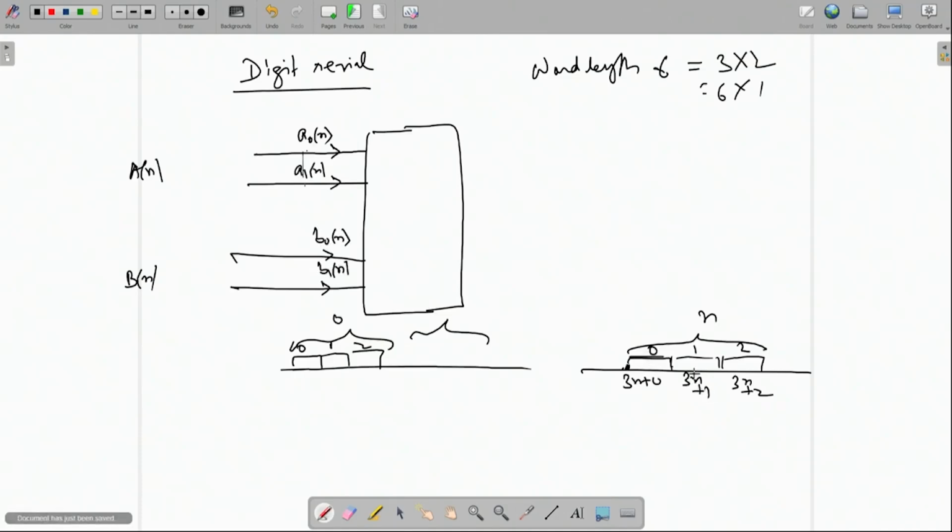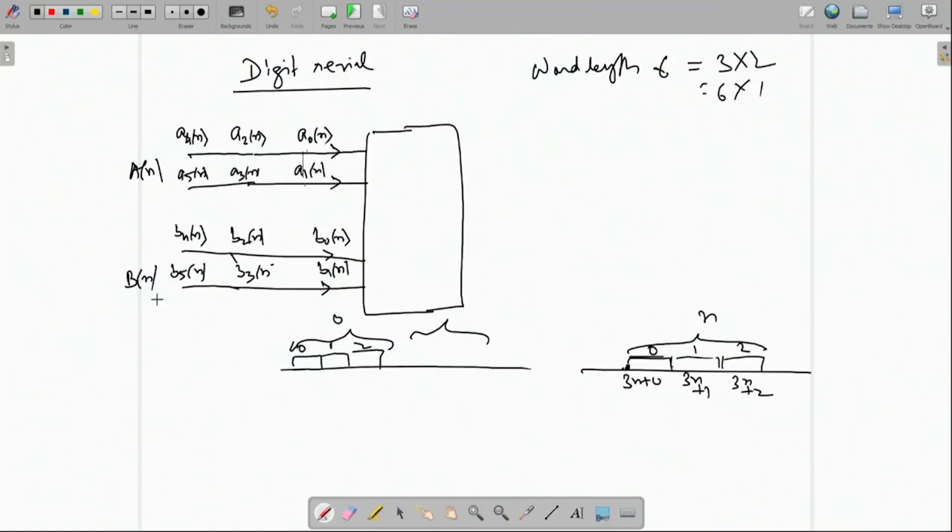Then during 3n plus 1, I send the next ones, A2n, A3n, in parallel, and here also B2n, B3n. And during 3n plus 2, A4n, A5n and B4n, B5n. So, in one digit cycle, 2 bits come here and 2 bits come there.